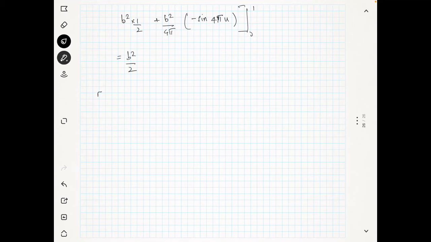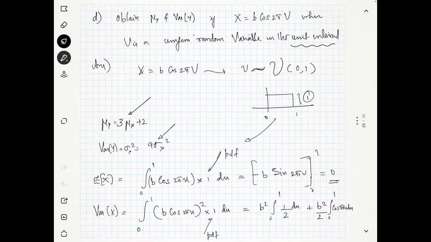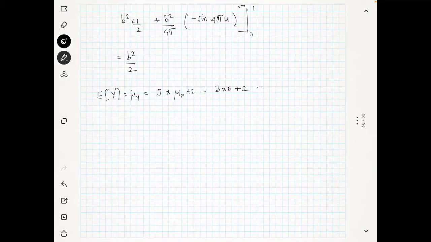Now you can find the expected value of y, which is equal to mu y, which is equal to 3 into mu x plus 2, which is equal to 3 into 0 plus 2, because we have got the integral as 0. So this is equal to 2. And what is the variance of y?